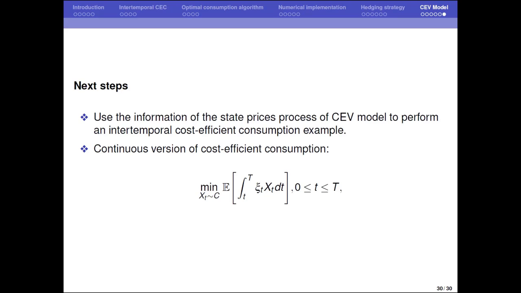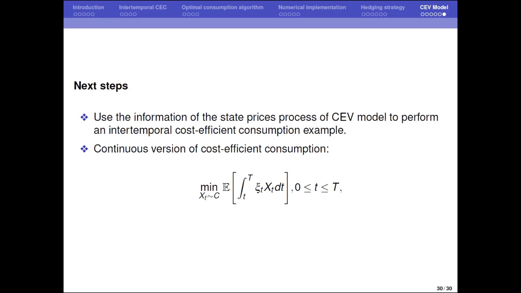So what we have to do now is in practice. And once we have that, we can ask ourselves how this could be generalized, not only to have n periods, but to have infinitely many periods.